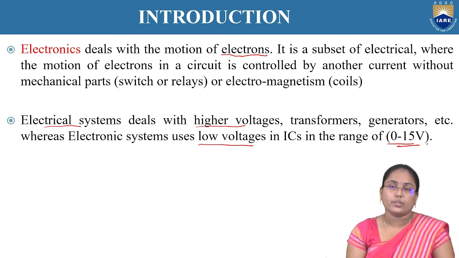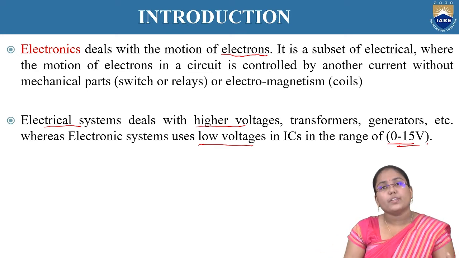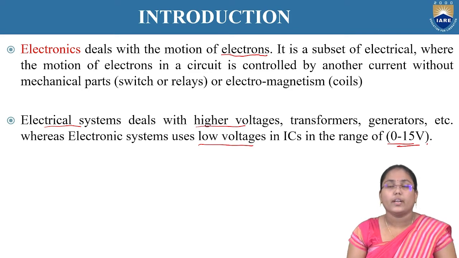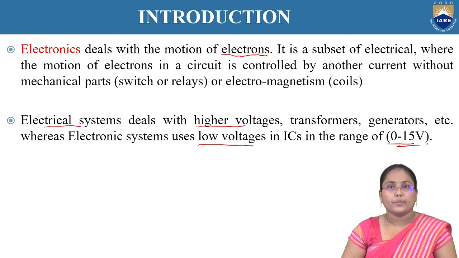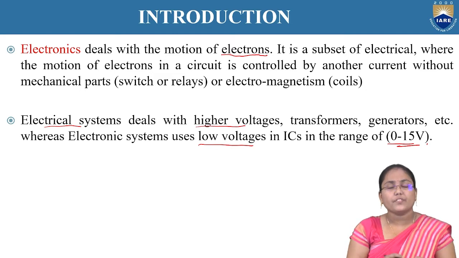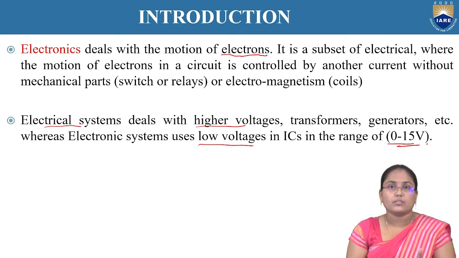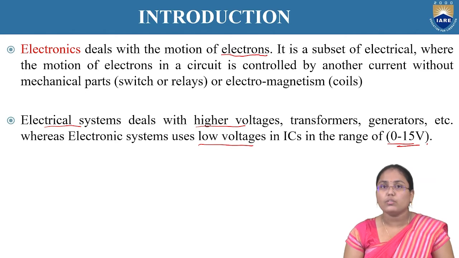The other thing to remember is that electronic systems use only lower voltages to drive their circuits. Even if we take any amplifier circuit, like a FET based amplifier, a BJT based amplifier, operational amplifiers, or other things like multivibrators, all the electronic devices or circuits have input voltages not exceeding the range of 0 to 15 volts.